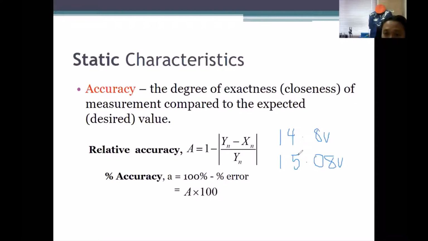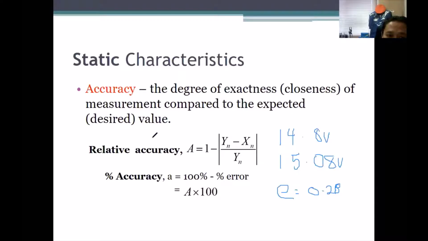So the error will be 0.28. This is the error.